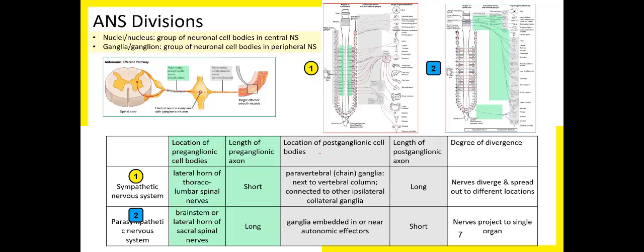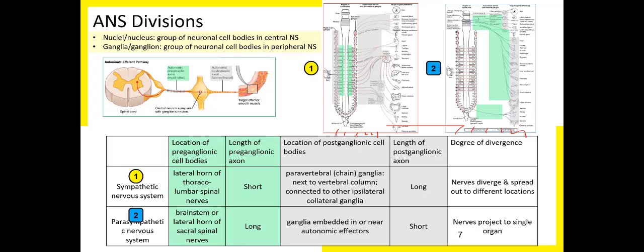In terms of the two divisions of the ANS that I'm going to talk about, you've got the sympathetic and the parasympathetic divisions. The sympathetic division is indicated by this picture over here, the parasympathetic by this picture over here.